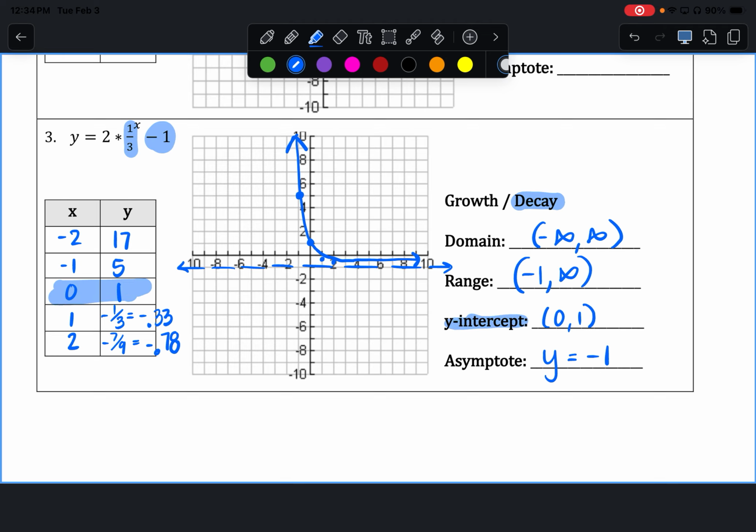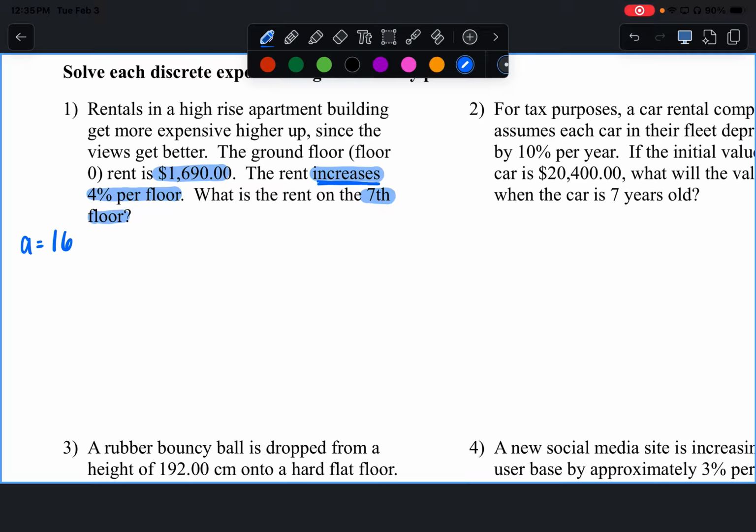Okay, so for this one, it is saying it increases. So is that growth or decay? Growth. Okay, let's find everything we need. What is our initial amount? 1,690. All right. What is our rate? 0.04. And then, now this one doesn't use time in years.